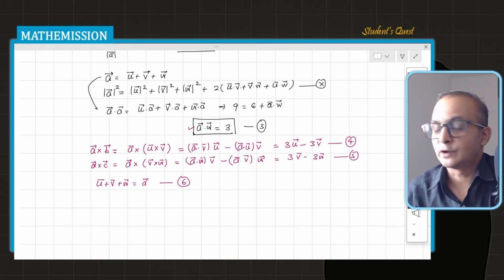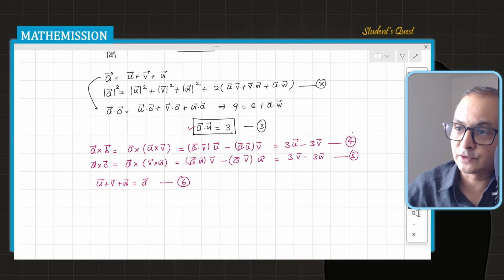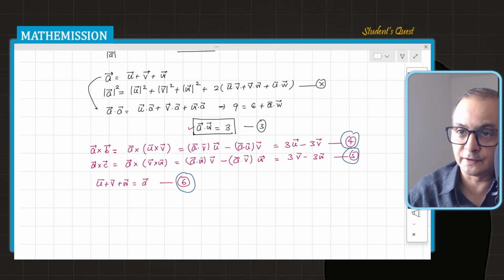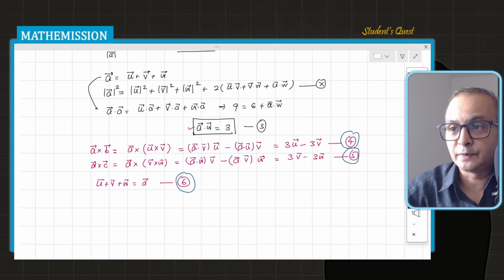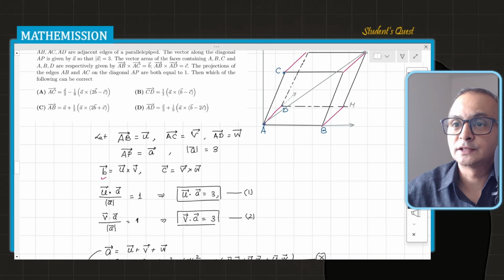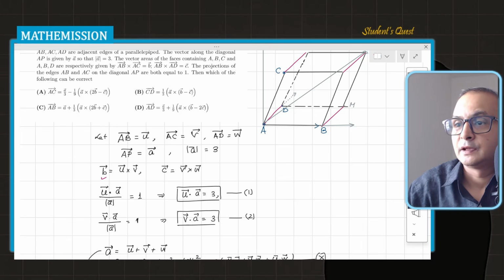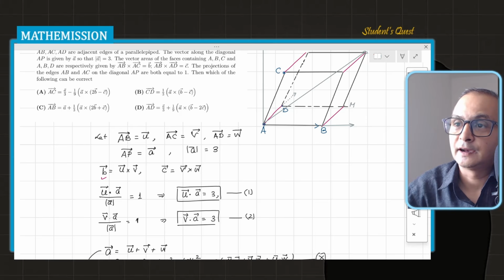Now you notice, now we cracked it. Wow, because this is actually the 4th, 5th and 6th. Just try to understand very carefully that A cross B is 3U minus 3V. So what is U? U is nothing but our AB vector, AD is the W vector, and AC is the V vector.